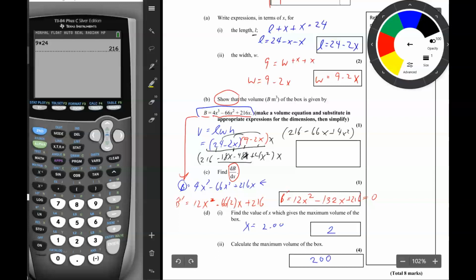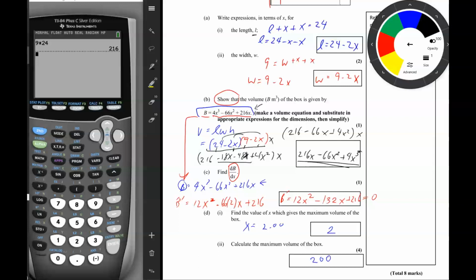And now I'm going to multiply that times x. I'm going to distribute the x, so I get 216x minus 66x squared plus 4x cubed. And now you can see I got the exact expression here, except it's reversed, which is fine. And so actually your answer here is not this, because this is what they already gave you, right?